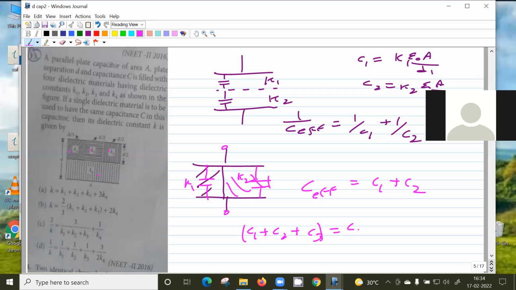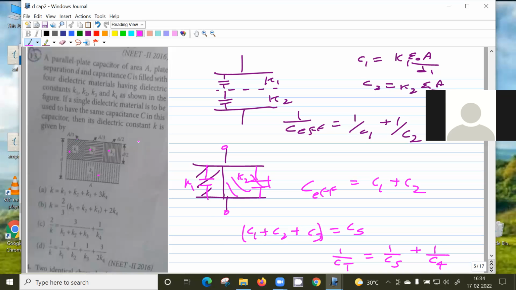Let me call it C parallel. Then 1 by C total will be equal to 1 by C parallel plus 1 by C4. Now put everything in terms of K epsilon naught A, because the D is D by 2 and D by 2, and area is A by 3, A by 3, A by 3. If you simplify, you get it.